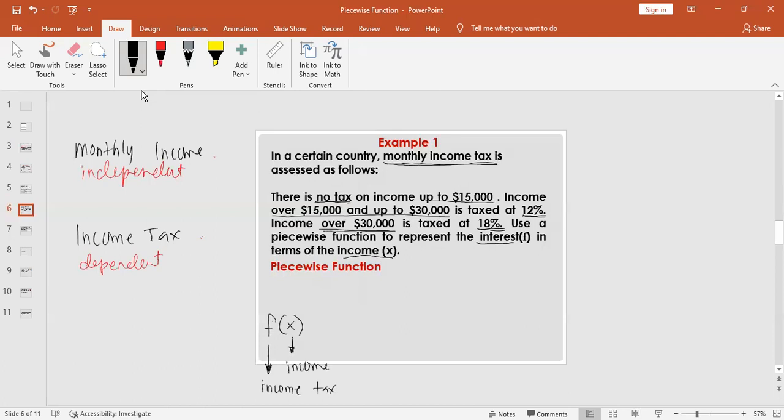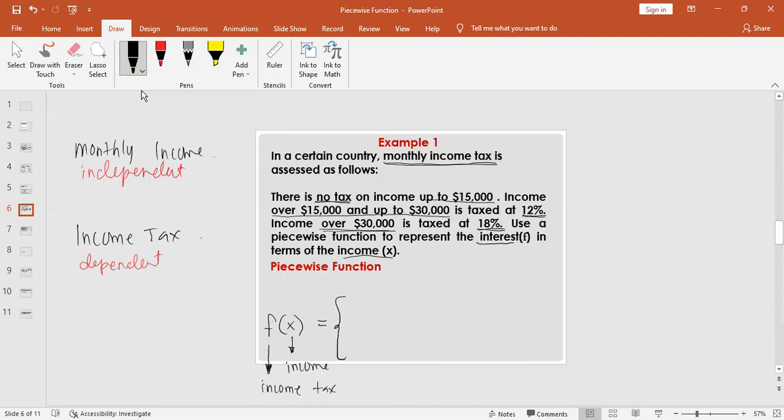Okay, we are asked to use a piecewise function to represent the interest in terms of the income. In other words, we have to create a piecewise function that represents income tax as a function of income. Okay, I repeat, income tax as a function of income. Okay, then put an equal sign.